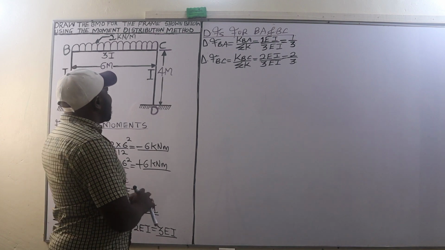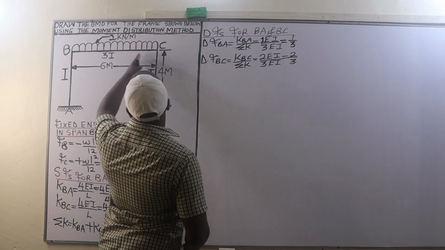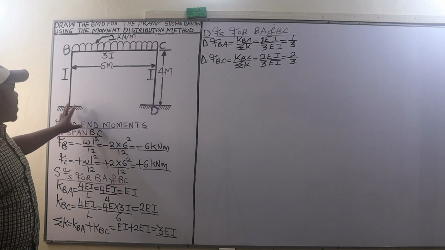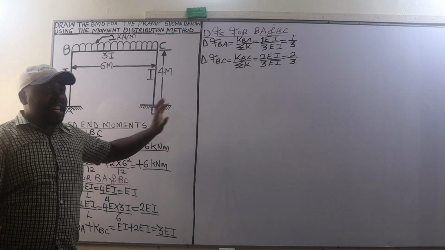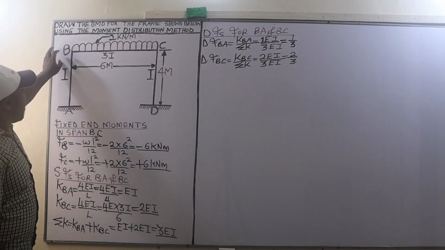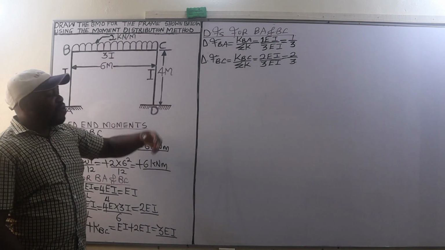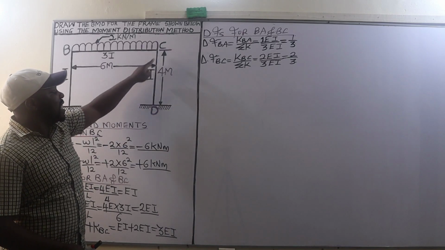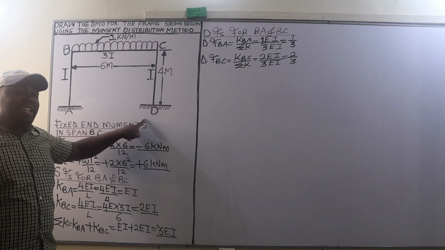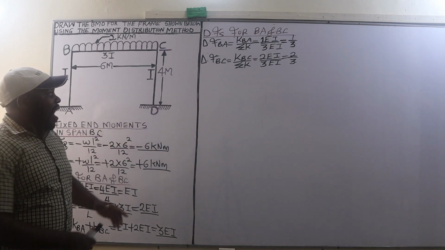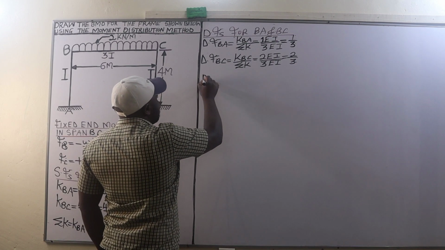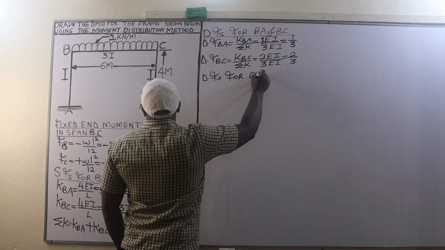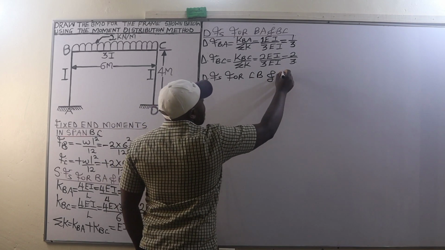From there, we need the stiffness factors for members CB as well as CD. Since this portal frame is symmetrical, the stiffness factors for members BA and BC will be equal to those of members CB and CD.